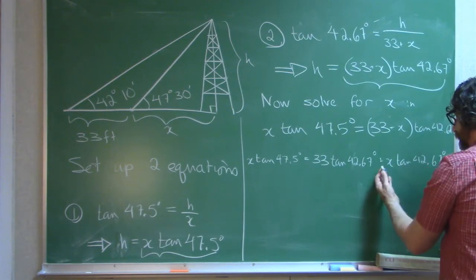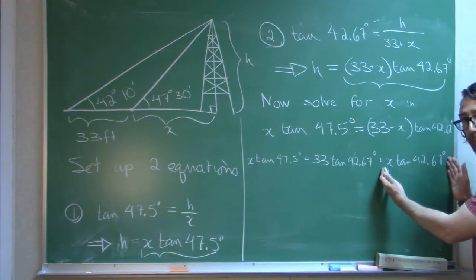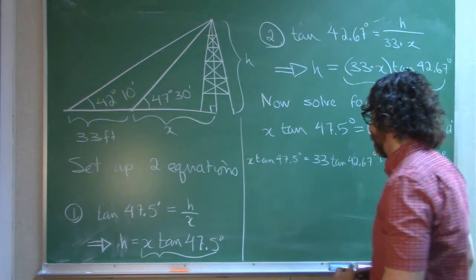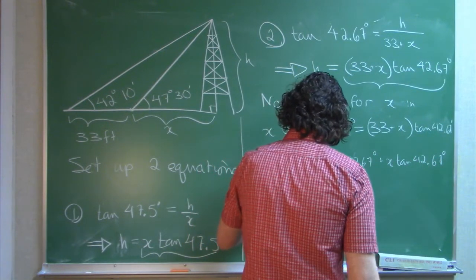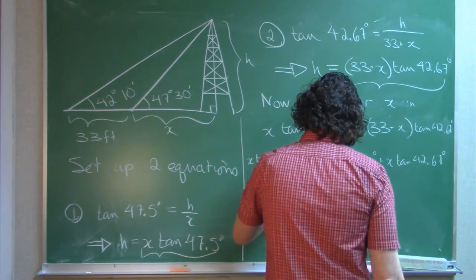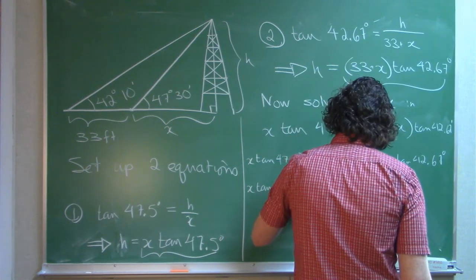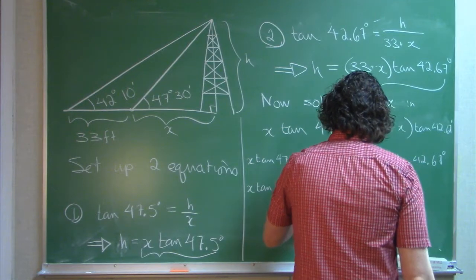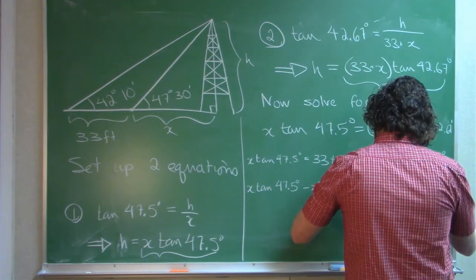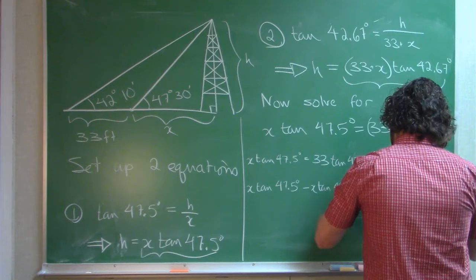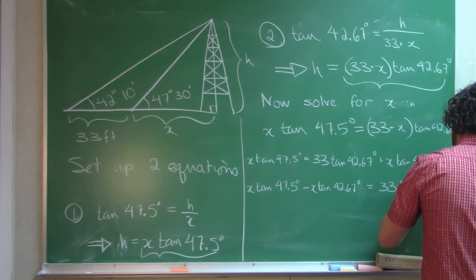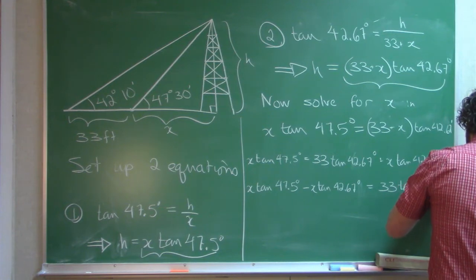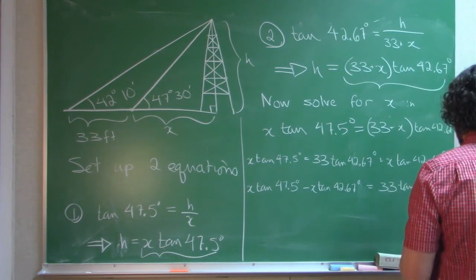Now I can take this and subtract it from both sides. x times tan 47.5 degrees minus x times tan 42.67 degrees equals 33 times tan 42.67 degrees.